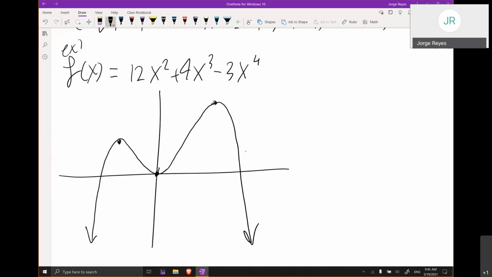Okay, so it looks like this. And let me label some important points. So this point right here, -1, 5, that's 0, 0. The top of this thing is 2, 32. Okay, so that means this is 2 and this is 5 and this is -1.